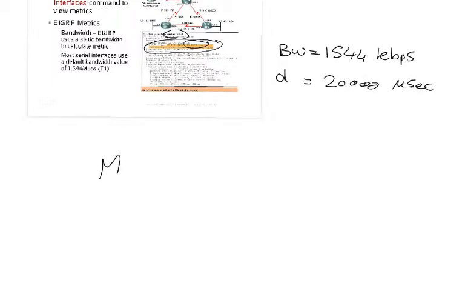So the metric in that case, assuming K1 is 1 and assuming K3 is 1, will be 10 to the power 7 divided by 1,544 plus 20,000 divided by 10. So this will be the metric for this hop.